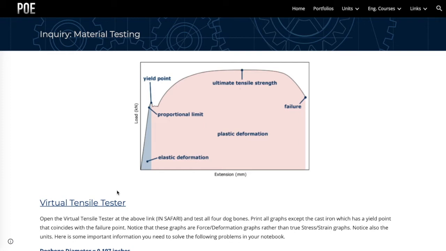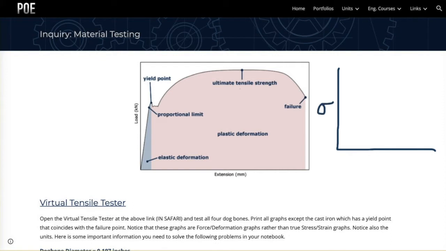Okay, so what we have here is a tensile curve, and this is a little different. This curve here is not what we normally have. If you remember, what we normally have is a graph that has stress versus strain.